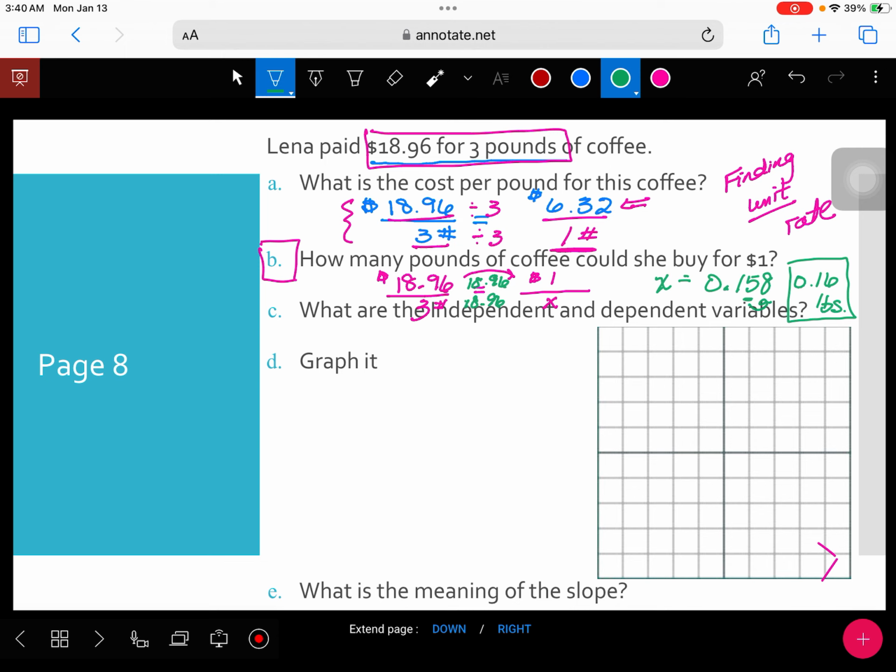So then it says, for letter C, what are the independent and dependent variables? So you need to ask yourself, is it the number of pounds of coffee that determine the price, or is it the price that determines the number of pounds of coffee? So as you think about that, I think I tend to lean more in one direction.